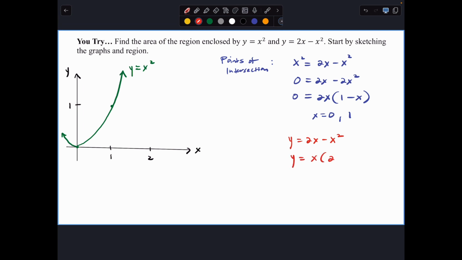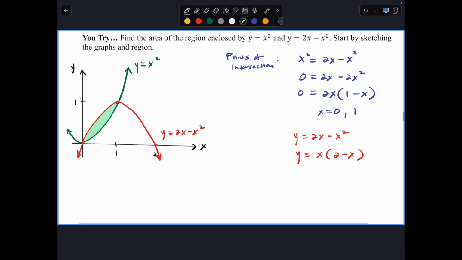The graph goes from 0 to 1. Are you in agreement? So it's 0 to 1, is what we've decided.